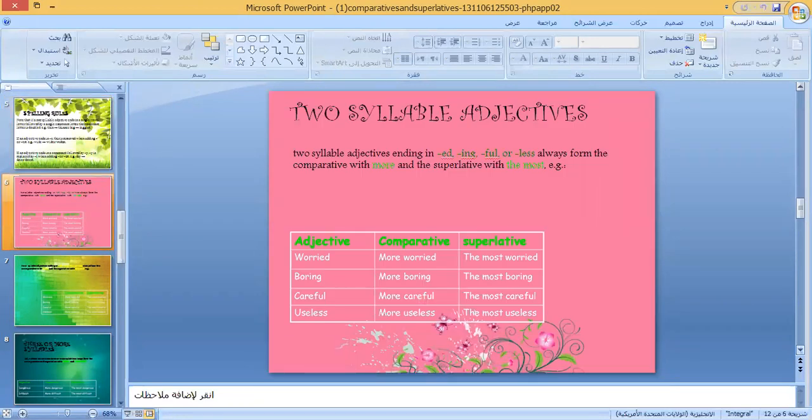Two-syllable adjectives. Two-syllable adjectives ending in -ed, -ing, -ful, or -less always form the comparative with more and the superlative with the most, e.g., worried, more worried, the most worried. Boring, more boring, the most boring.